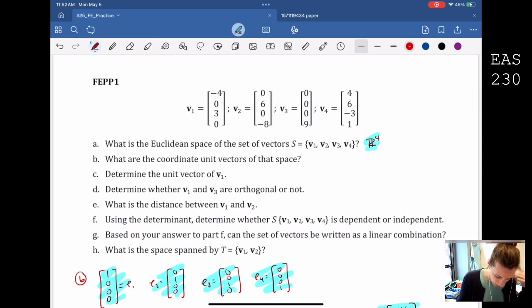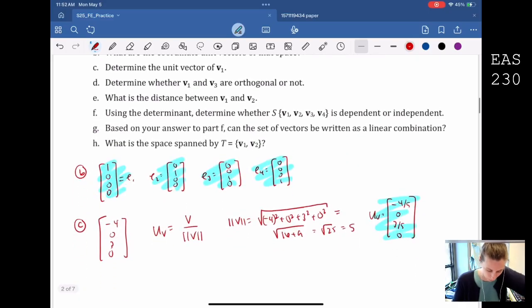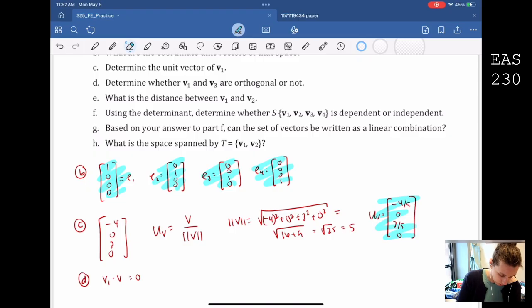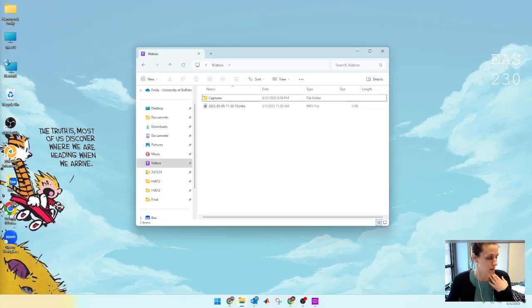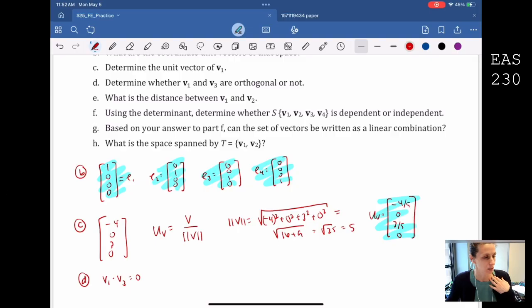And then we have determine whether V1 and V3 are orthogonal or not. So remember, in order for 2 vectors to be orthogonal, the dot product between them needs to be 0. So I'm going to take V1 and V3 and do the dot product. Give me half a second. I'm going to go ahead and pull up the final exam next to me so I can see all of it at once.